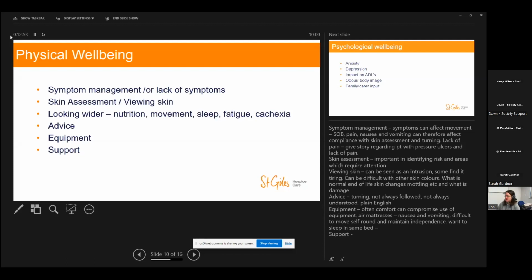The lack of symptoms I've put in there because I had a gentleman a number of years ago who was referred to the hospice due to his pressure ulcers. He had really big pressure ulcers in his sacral area. He was quite a large gentleman. We'd put him on a tilt bed for about half an hour before he demanded that he was taken off.